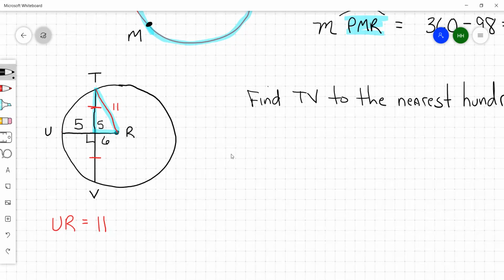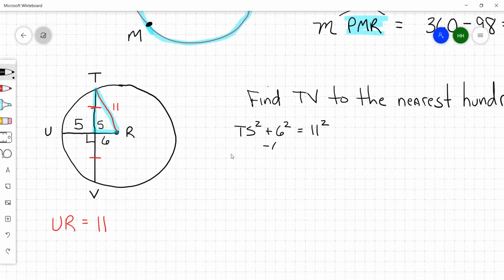And in this little right triangle, if you find this one side, this T to S, you can say that TS squared plus this 6 squared equals 11 squared. It's a right triangle, and you can use the Pythagorean theorem to find a missing side.